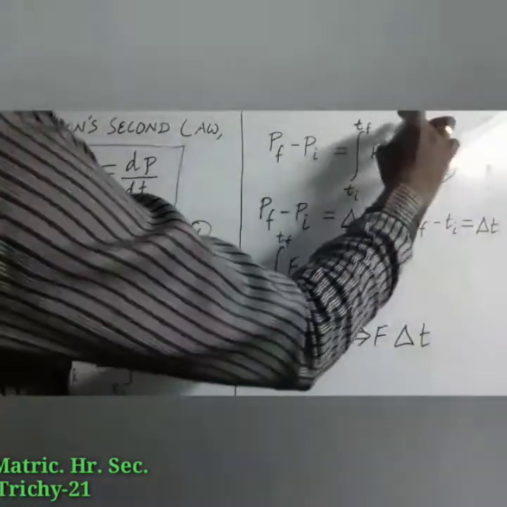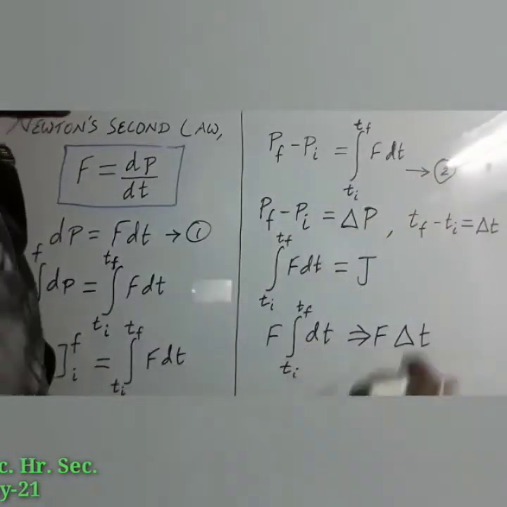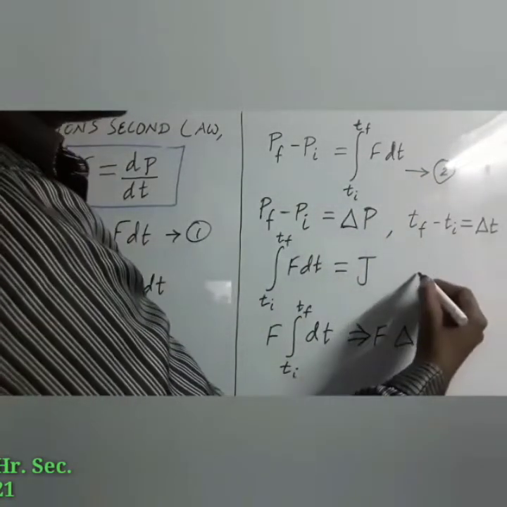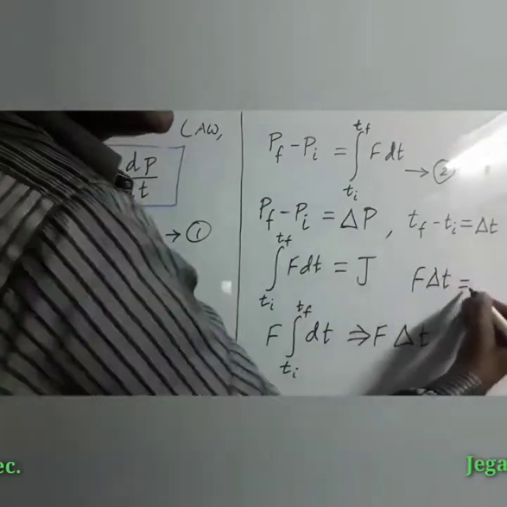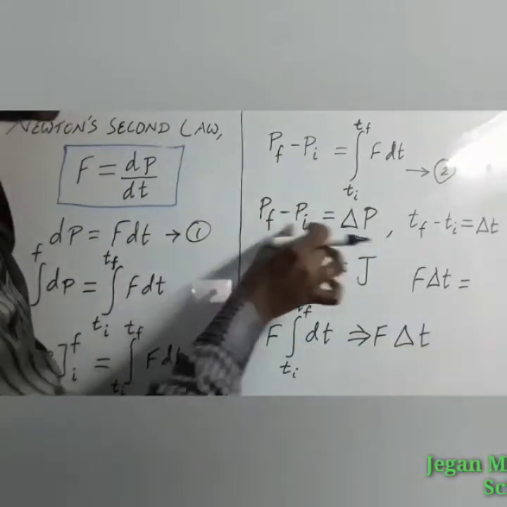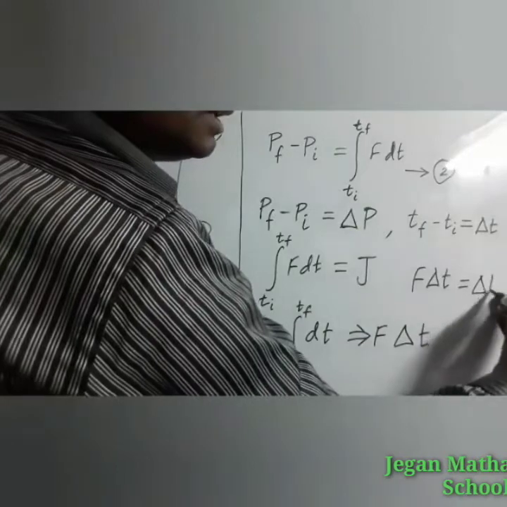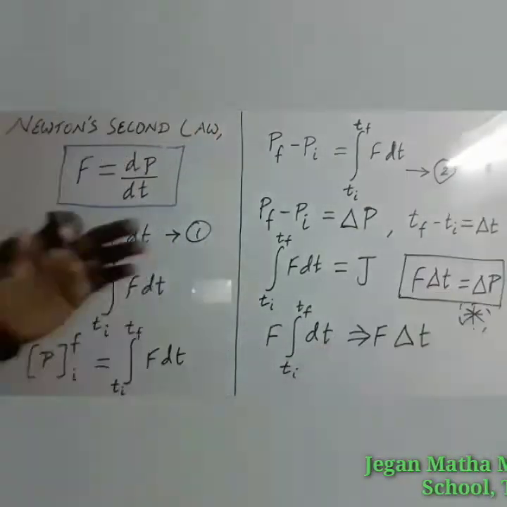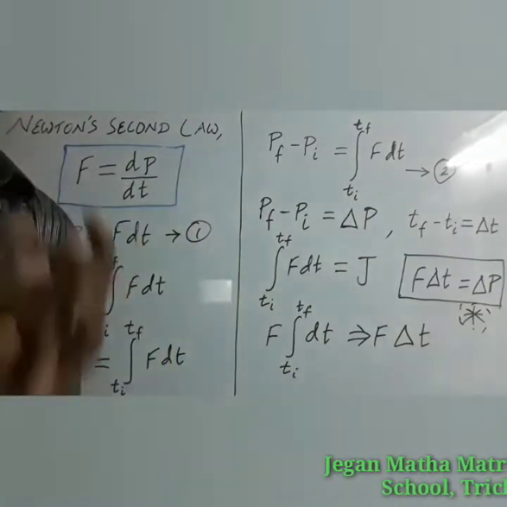Here I have found the integral value. So ultimately that is equal to F del t. Let me write here: F del t is equal to pf minus pi. Pf minus pi is nothing but the change in momentum. So it is equal to the change in momentum. This equation is known as the impulse momentum equation.